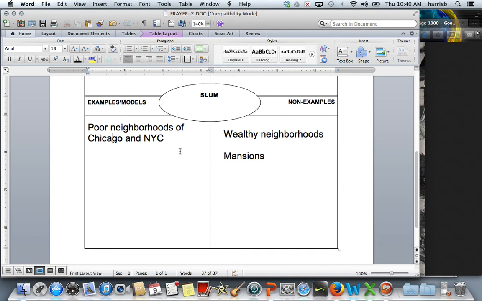That's completely the opposite of a tenement. Tenements would be an example of something that you would see in a slum, so I'll throw that in there too.